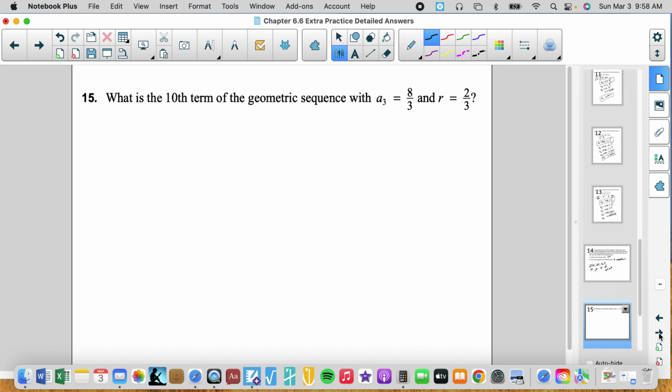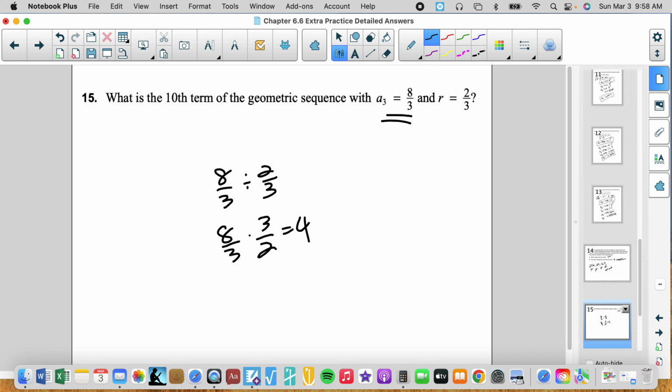Okay. What is the 10th term of the geometric sequence? Oh, I like this. So they give you the third one. And instead of going from a to the third, you can reverse. So if we're multiplying to get this, why don't we divide by 2/3 to get that, and that's 8/3 times 3/2, which equals 4.